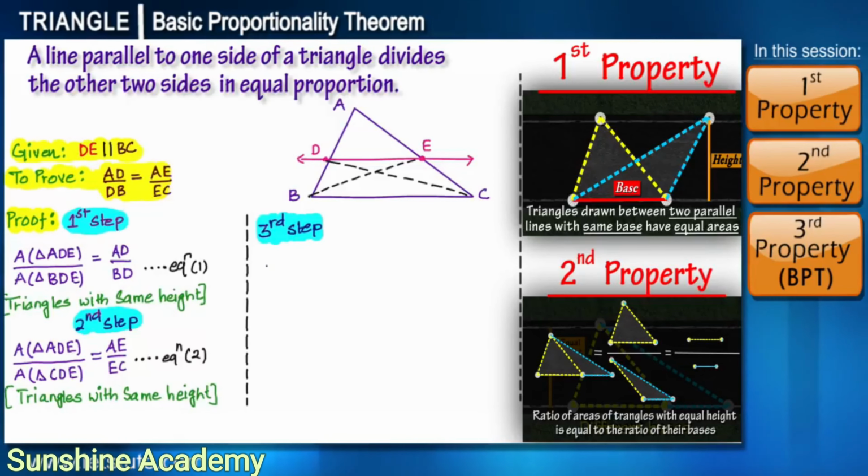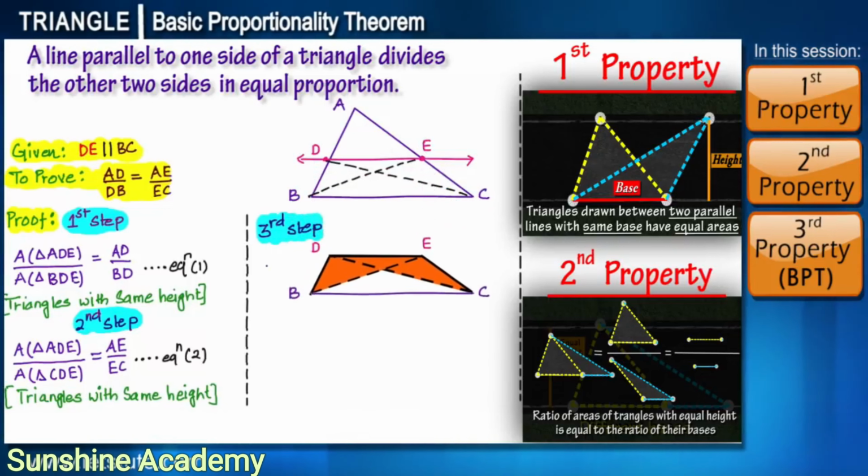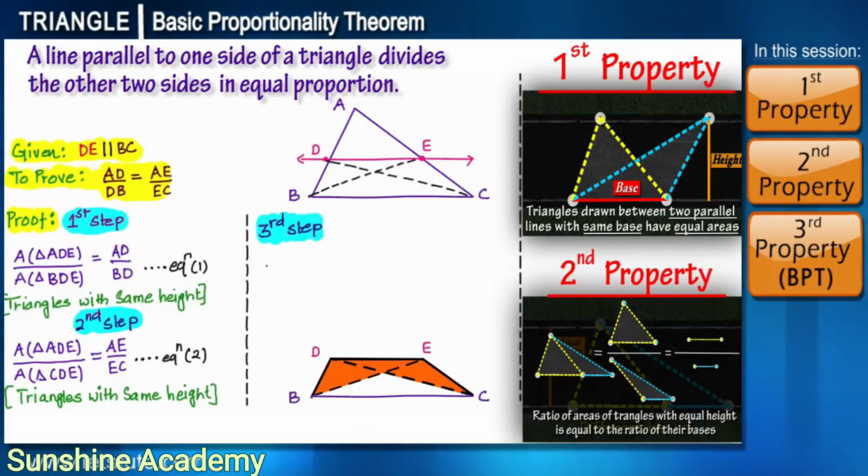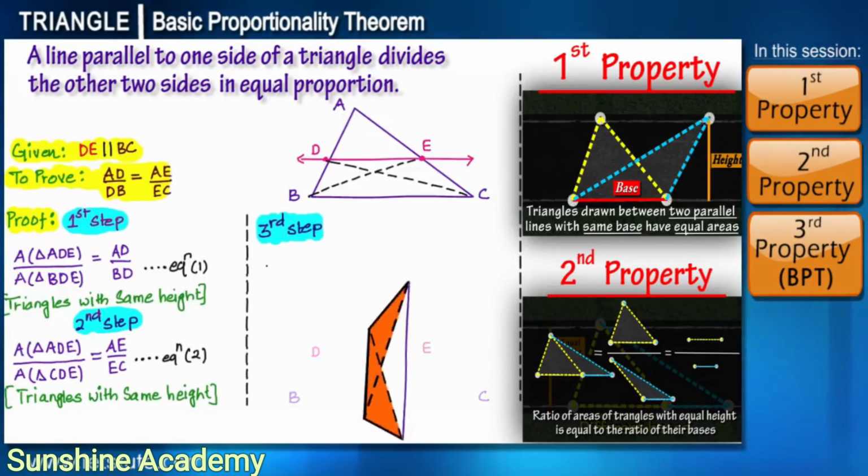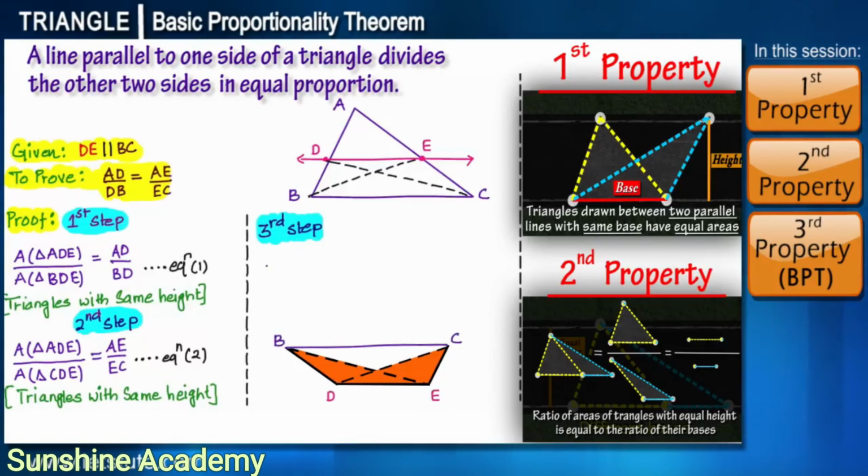So guys, let's focus on the triangle BDE and triangle CDE. Now by looking at the diagram and applying some logic, we will be able to figure out that these two triangles have equal areas by using our first property of the triangle. We can see that for triangle BDE, if we consider DE as base, and for triangle CDE, again let's consider base as DE only.